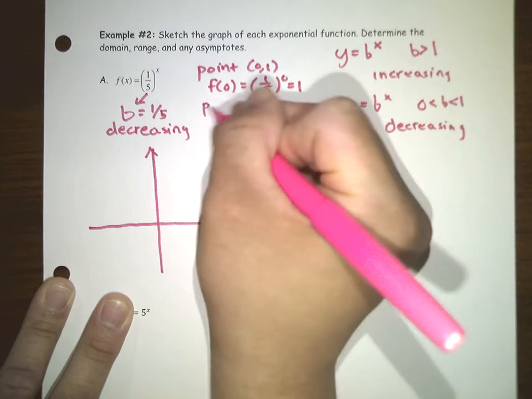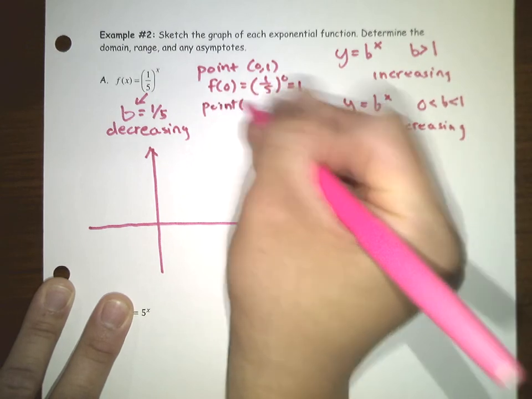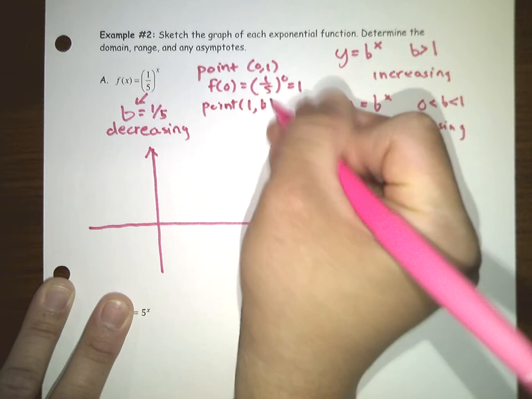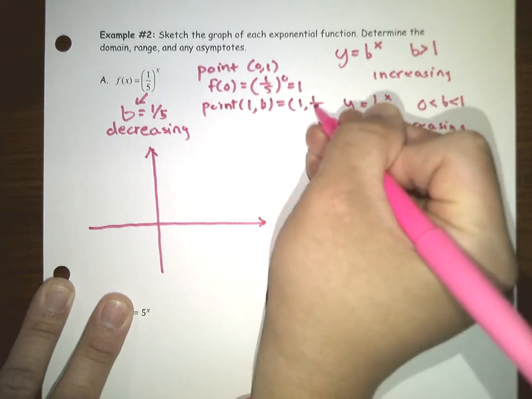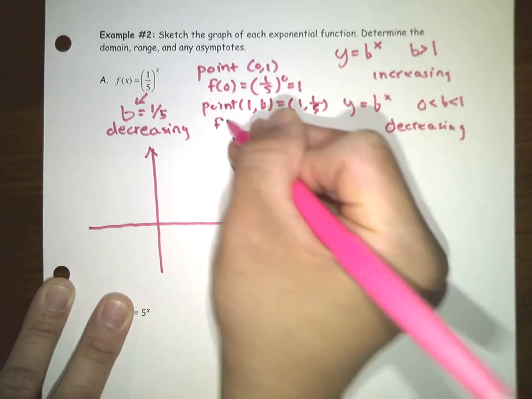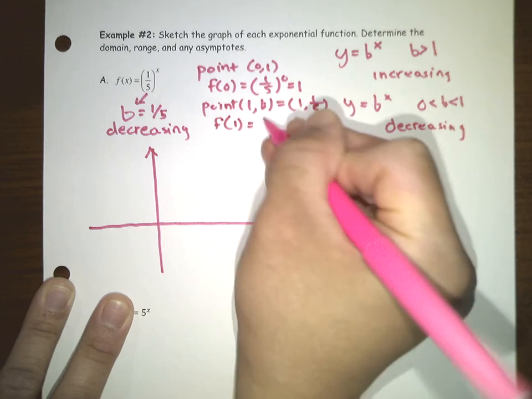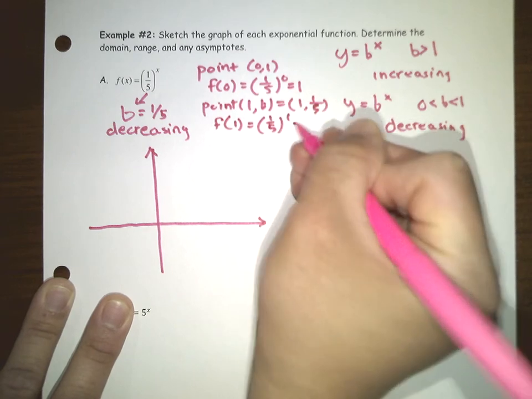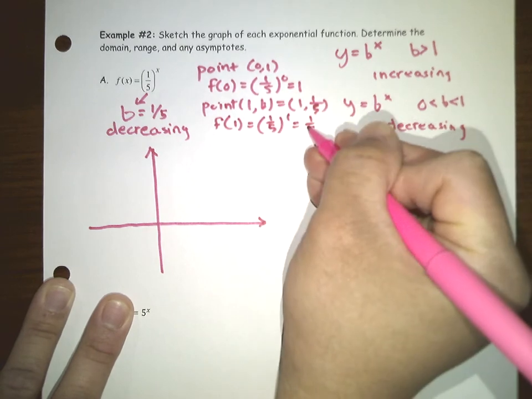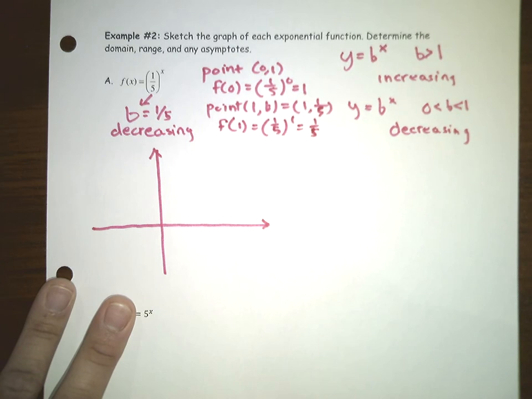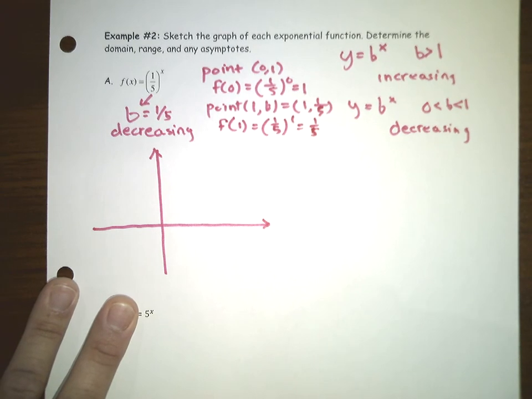And then there's a point at 1, b, but b was 1/5, so 1, 1/5, and that's again because f of 1 is 1/5 to the first power, which is 1/5. All right, so those are just easy points to find. And so then I'll go ahead and graph this.